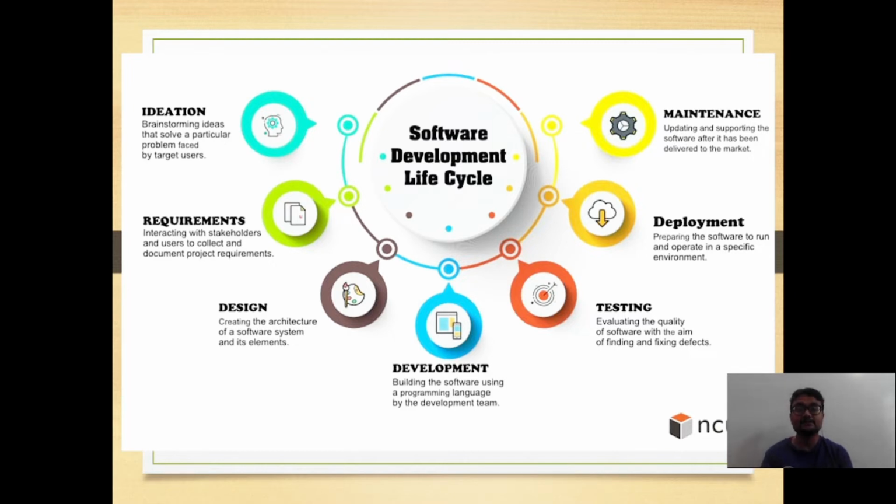We deploy the service internally first for testing purposes, to check for bugs. Once it is done, we go live and keep giving maintenance. If anything goes wrong, it comes back to a developer, who with the help of IT makes changes and releases new versions. This is how the software development life cycle works.